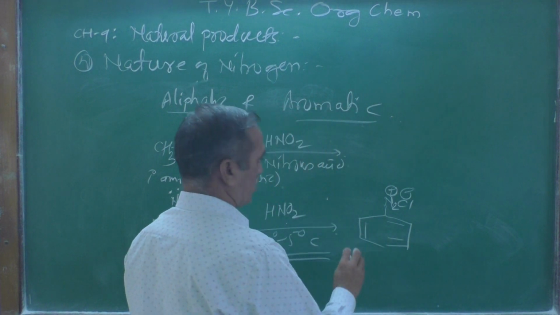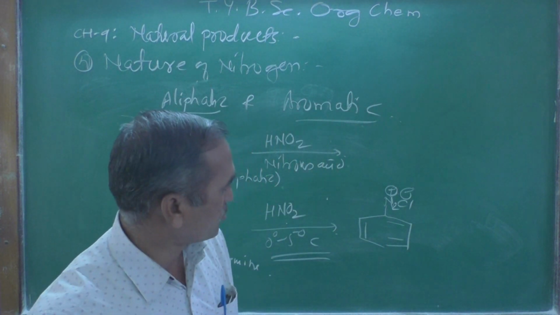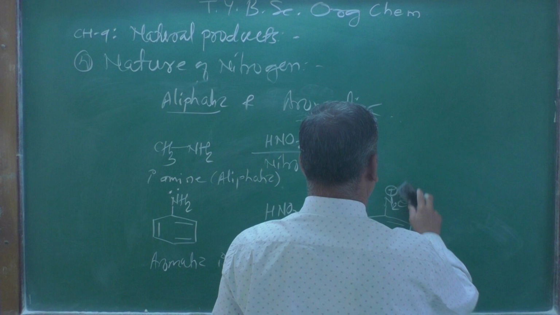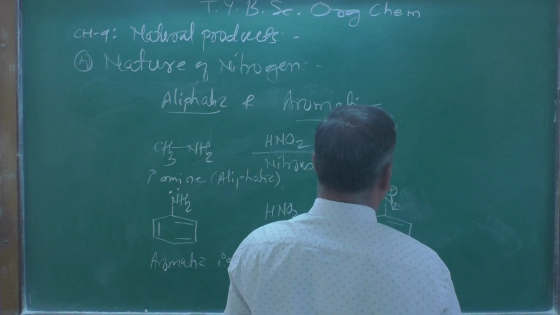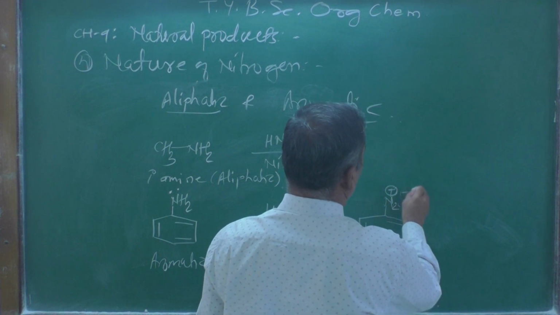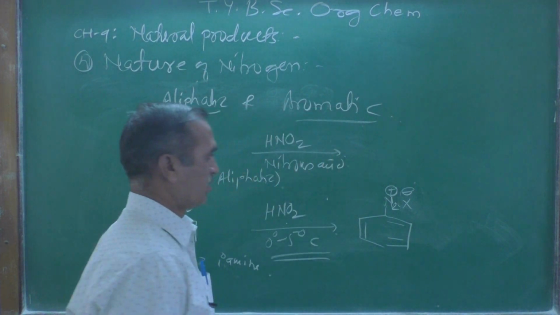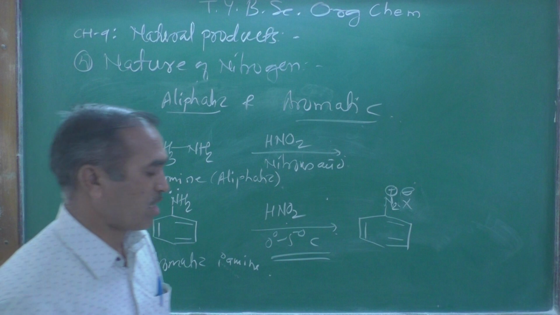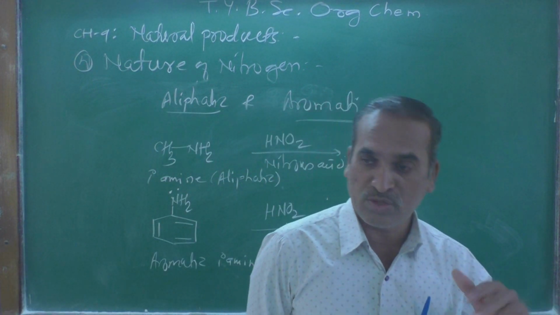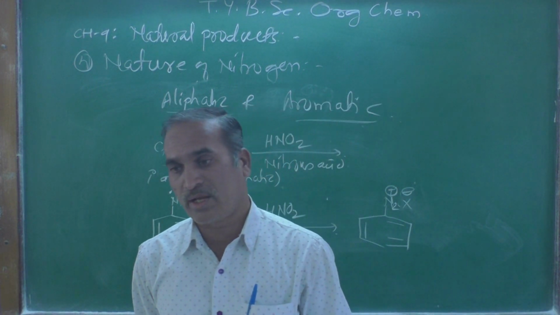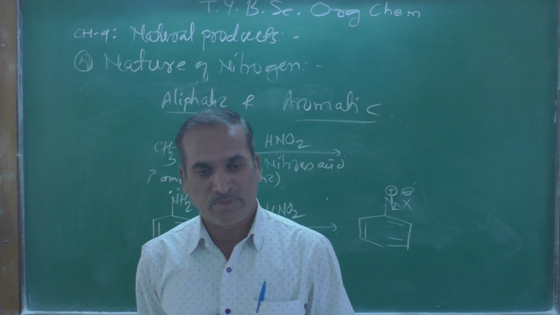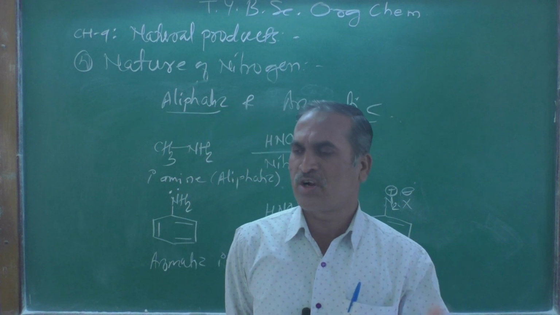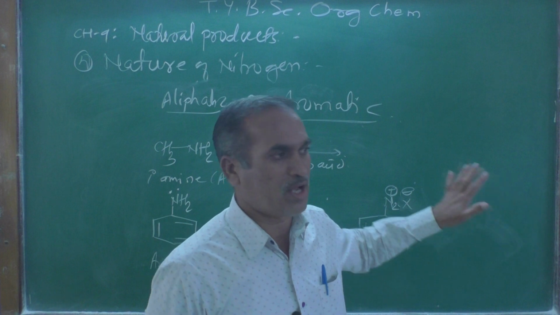So the diazonium salt is N2 plus, and generally whatever X you have, X minus. This is called a diazonium salt, and it is a very versatile reagent. A variety of organic compounds can be derived from it.